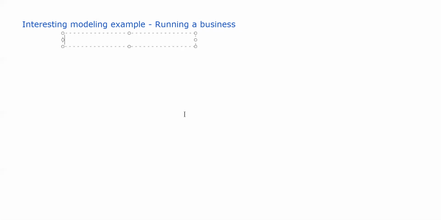Another interesting modeling example. Let's say you're running a business. Let's say, there's the classic lemonade stand thing.